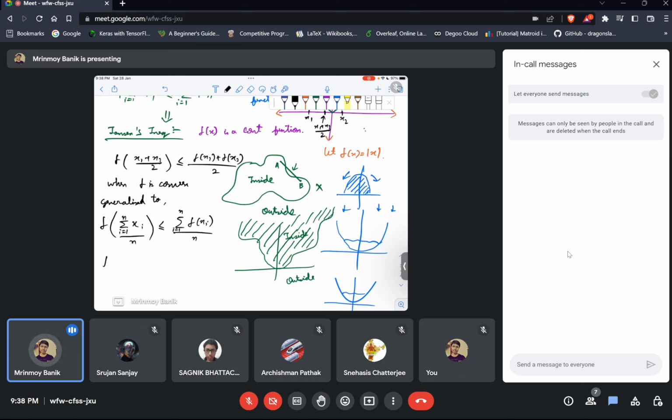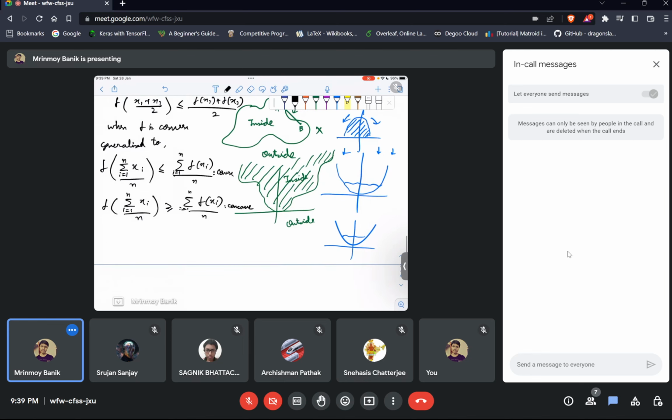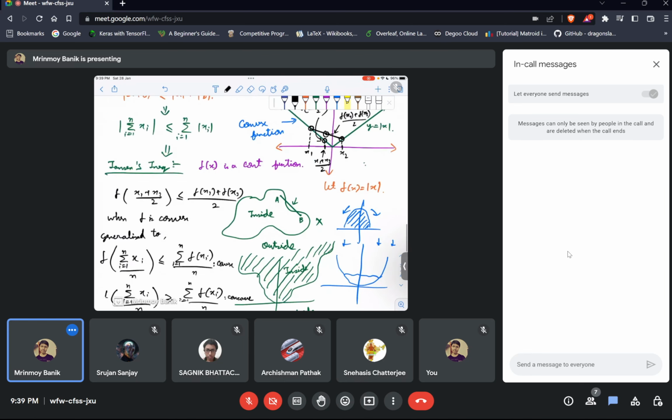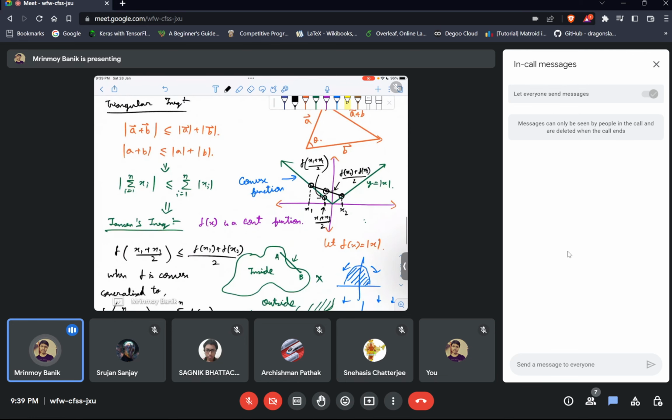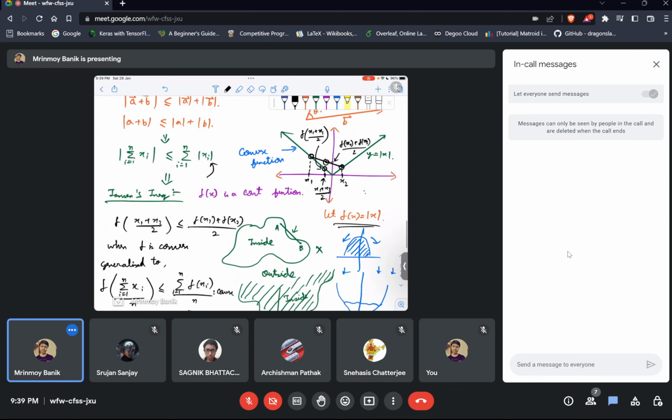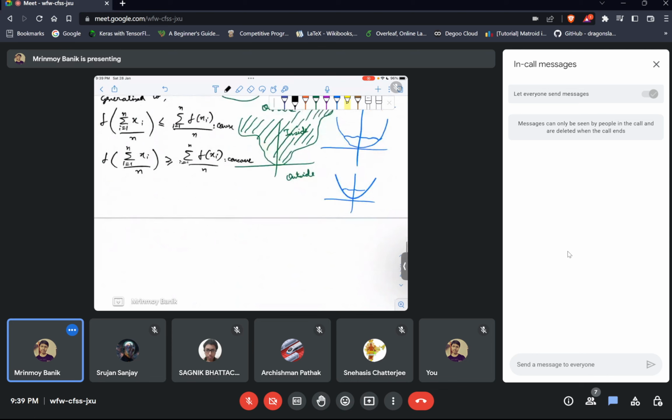This is when convex, and exactly the opposite happens when f is concave. So putting f equals to mod x, we get back the triangle inequality.